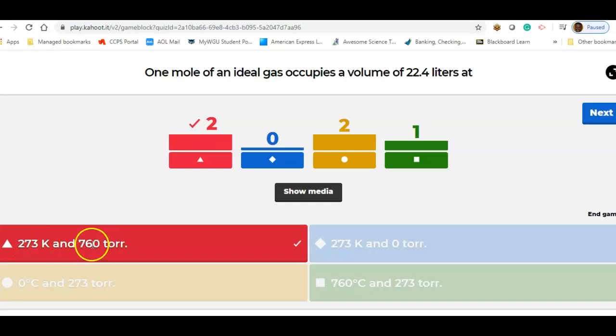Standard pressure is 760 torr or 1 atm or 101.325 kilopascal or 760 millimeters of mercury. Those are the values I gave you. So these are the constants at standard temperature and pressure. The volume occupies 22.4 liters when you have 273 Kelvin at 760 torr.